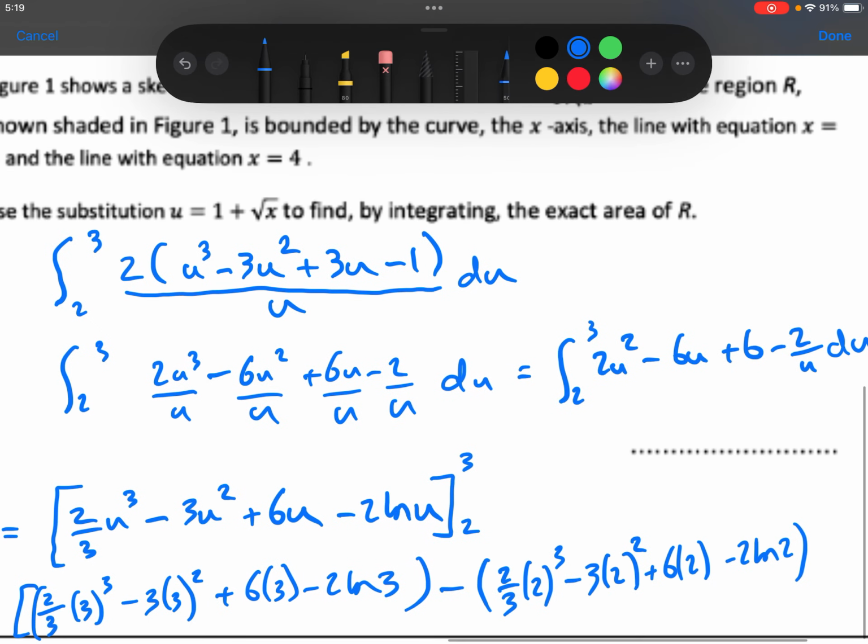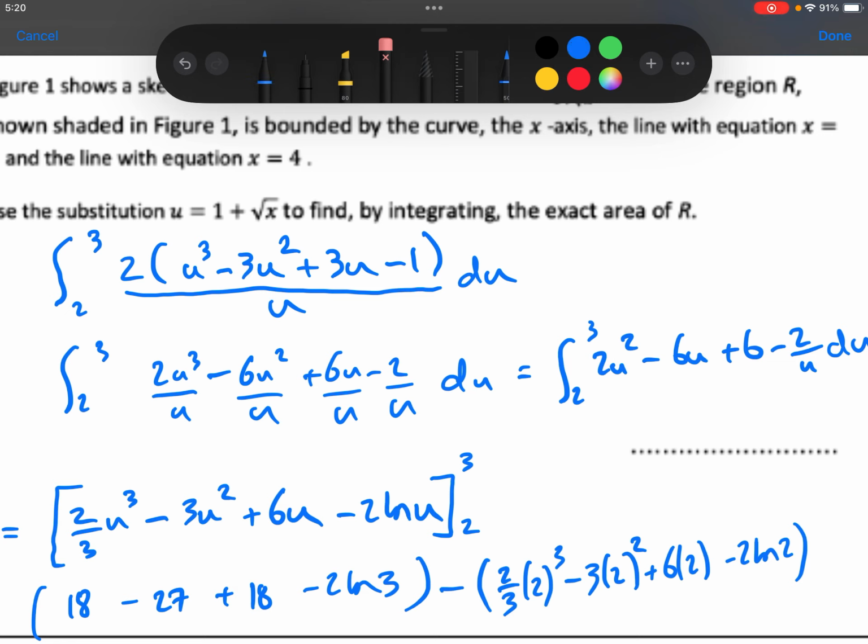and right, let's go through each of these terms and simplify it. The 3 cubed is 27, divided by 3 is 9, times by the 2 is 18. Three squared is 9, times 3 is 27. 6 times 3 is 18. And we'll leave the minus 2 ln 3 for now.